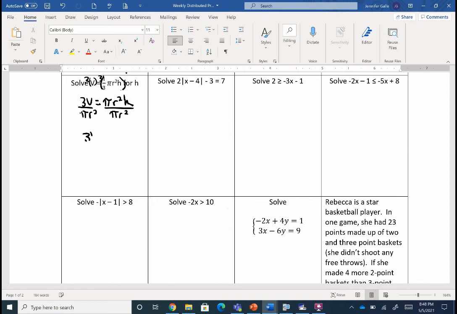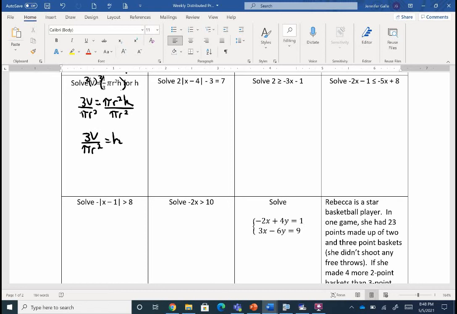So 3V divided by pi r squared will equal h. Don't worry, this is not a formula I want you to memorize. It's you being able to manipulate the equation to get a specific variable by itself. So in this case, h.